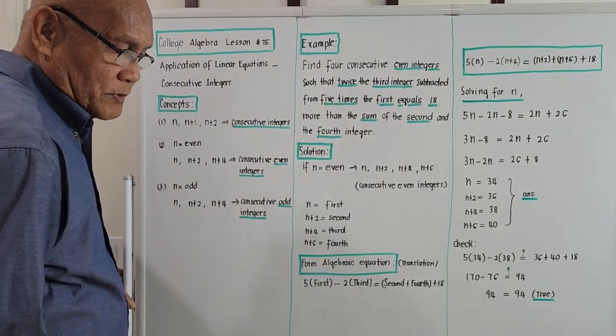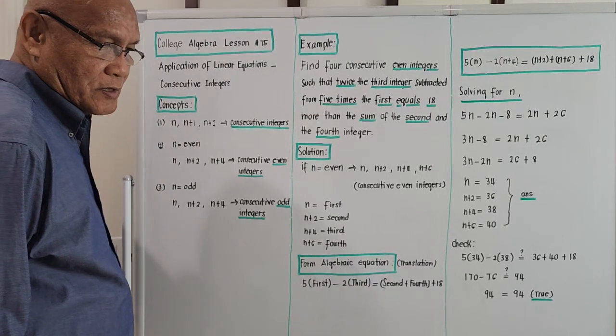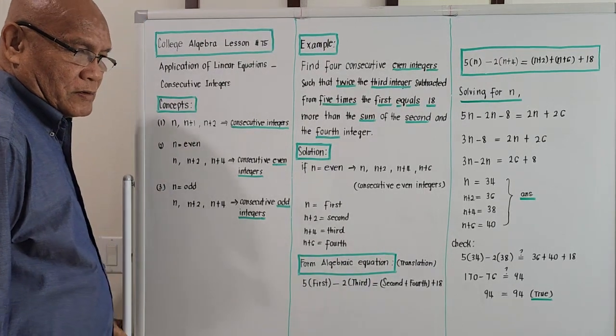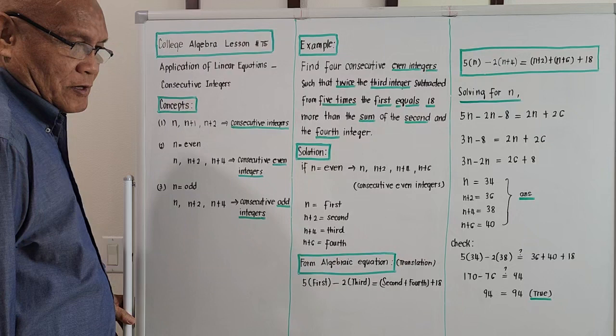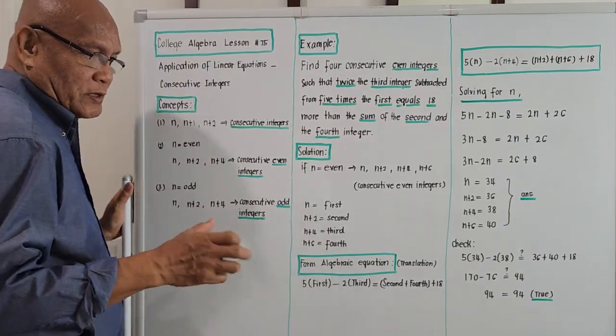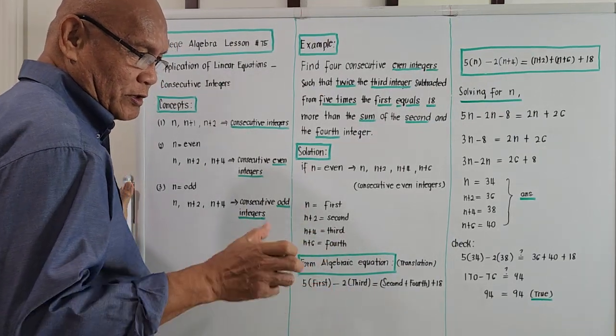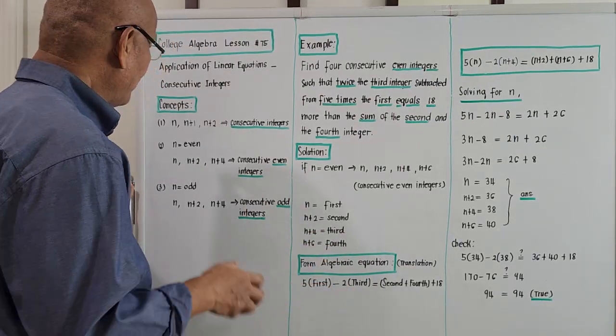There are problems coming out from the CAT and SAT exam, and the topics are actually regarding consecutive integers. So to prepare for the study of that one, let's proceed with the concept of consecutive integers.